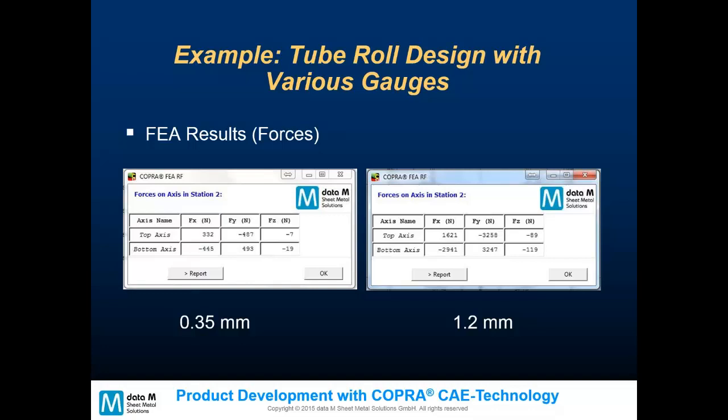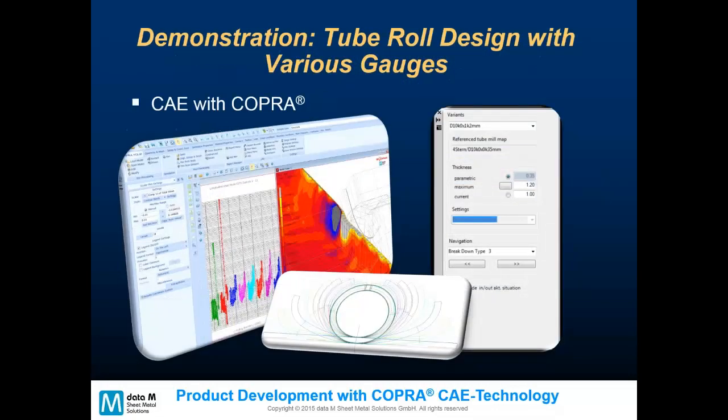Here you can see the forces acting upon the top axis and the bottom axis, essentially deflecting those rolls, separating those rolls, so we're not actually achieving the forming forces we would like. So I'll just give you a quick demonstration of that. I'll just prepare my screen.